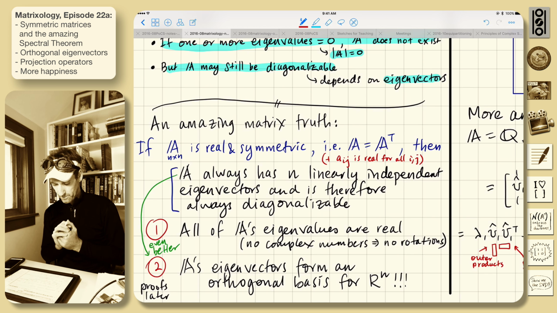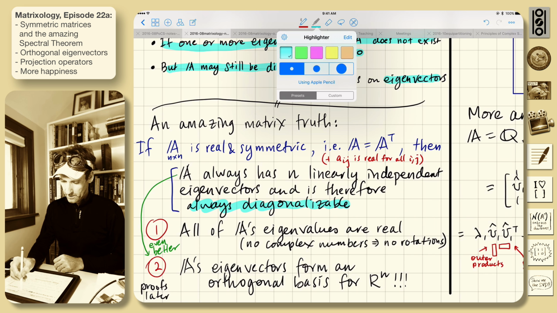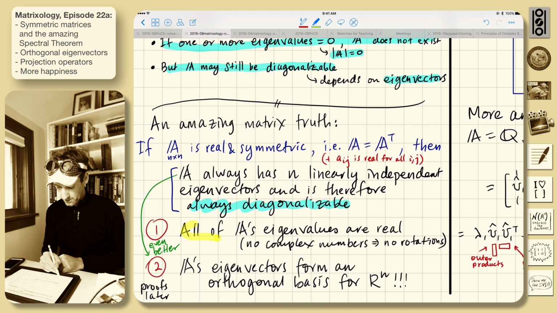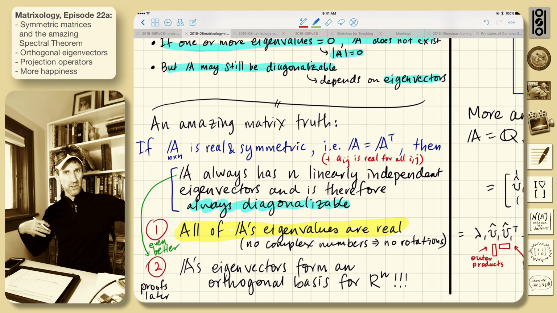But there's actually sort of more here, right? So there are two bigger things. So it's always, okay, so always diagonalizable. Good. Big deal. And then huge is this. That's a pretty big deal. All of A's eigenvalues are real. So that means lambda can be negative or positive, but a real number, so it can be something that stretches or shrinks depending on the magnitude, and it could flip.